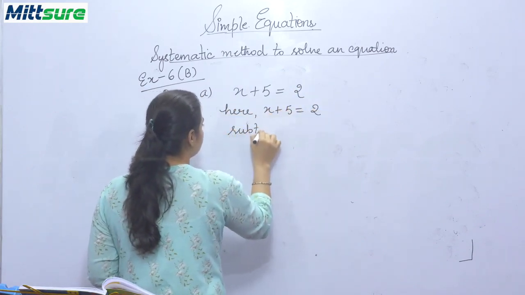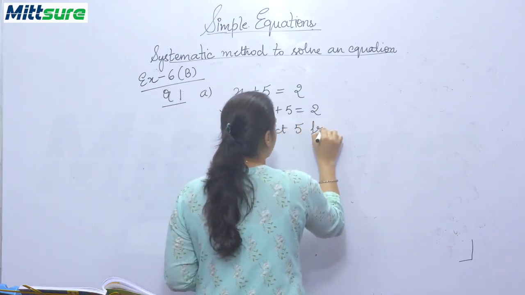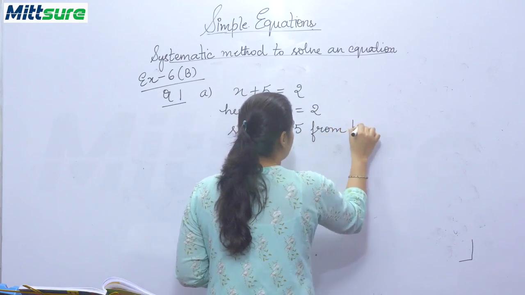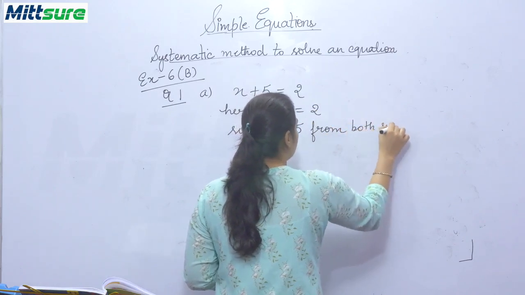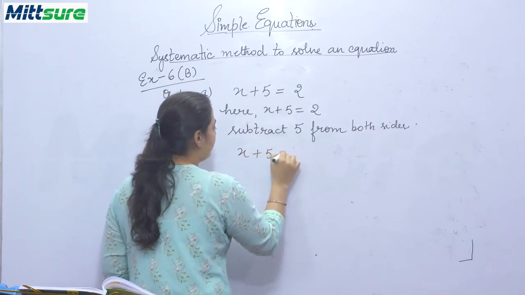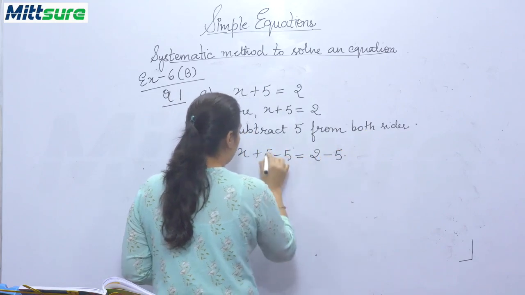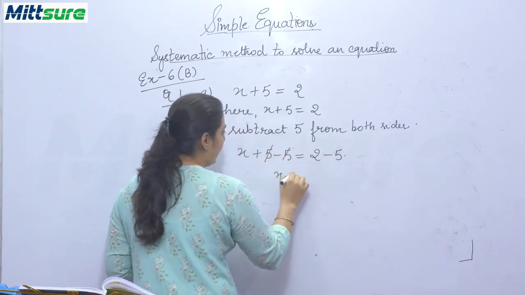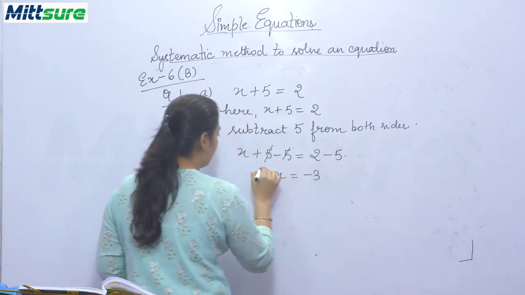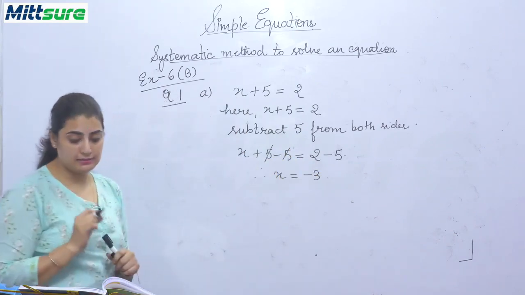Subtract 5 from both sides, right? X plus 5 minus 5 equals to 2 minus 5. This gets cancelled. X is equal to minus 3. Therefore, the value of x here is minus 3.